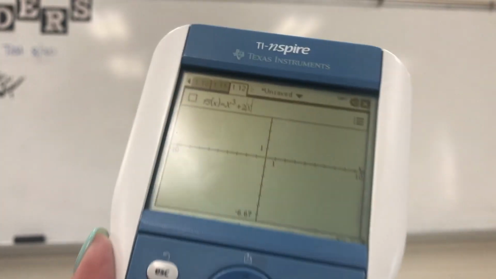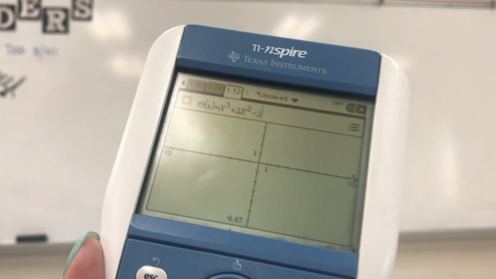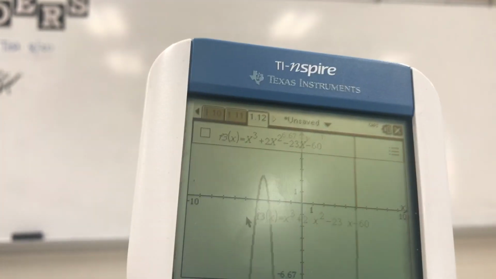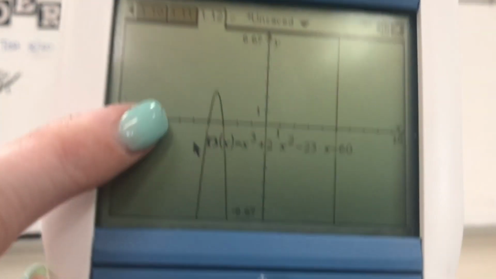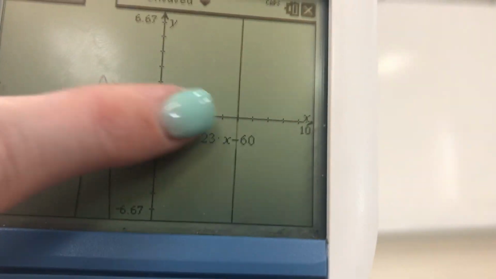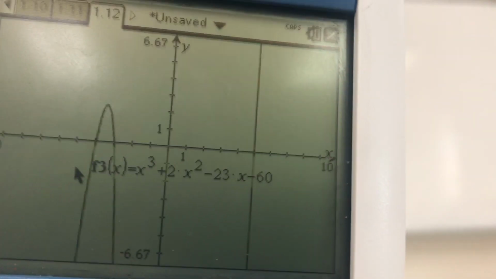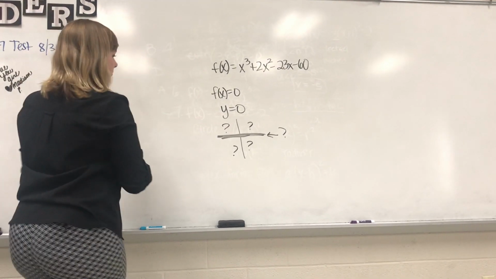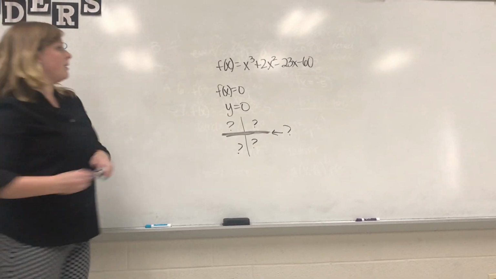Plus 2x squared minus 23x minus 60. Enter. It crosses at -4, -3, and 5. So those would be your answers. -4, -3, and 5.